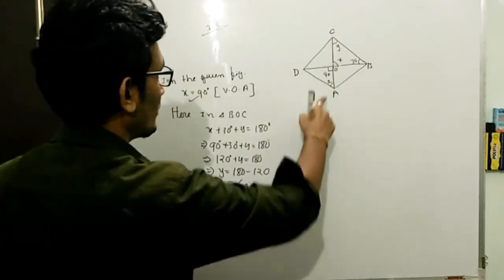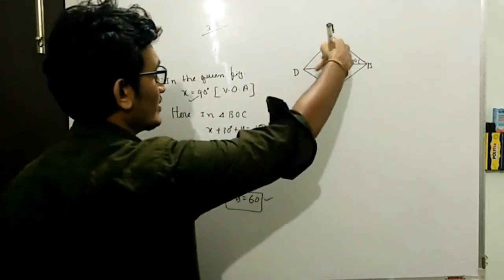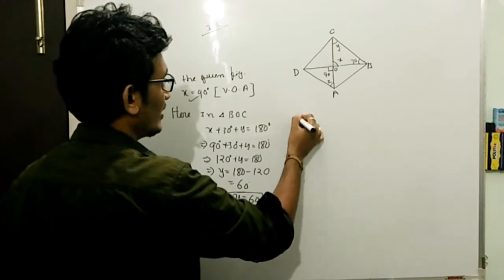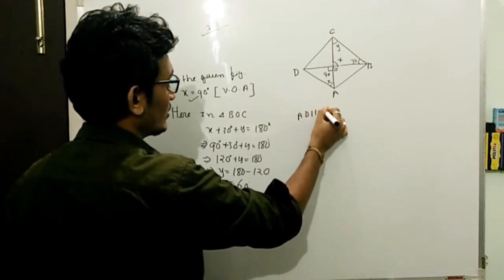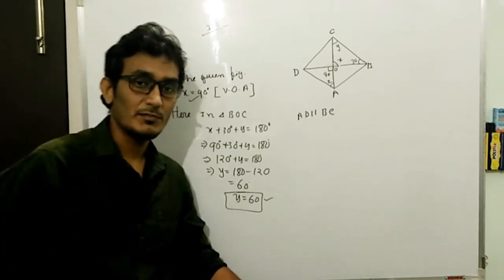Now we have to find the value of Z. Since this is a parallelogram, AD is parallel to BC, because in a parallelogram opposite sides are parallel and equal.